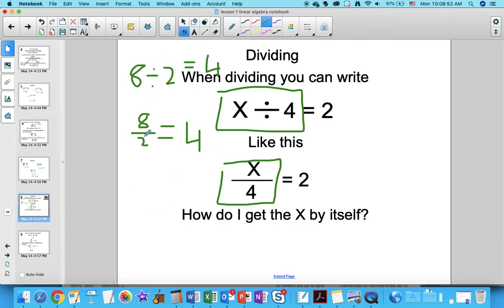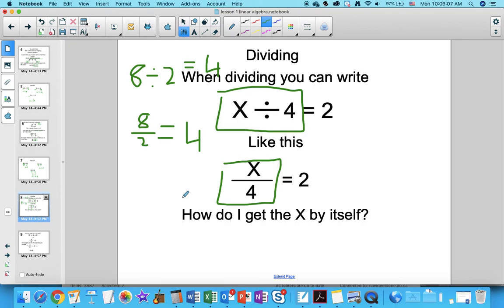It just looks different. I like writing it like this, and later in math, you will very rarely see that division symbol. You will see this.